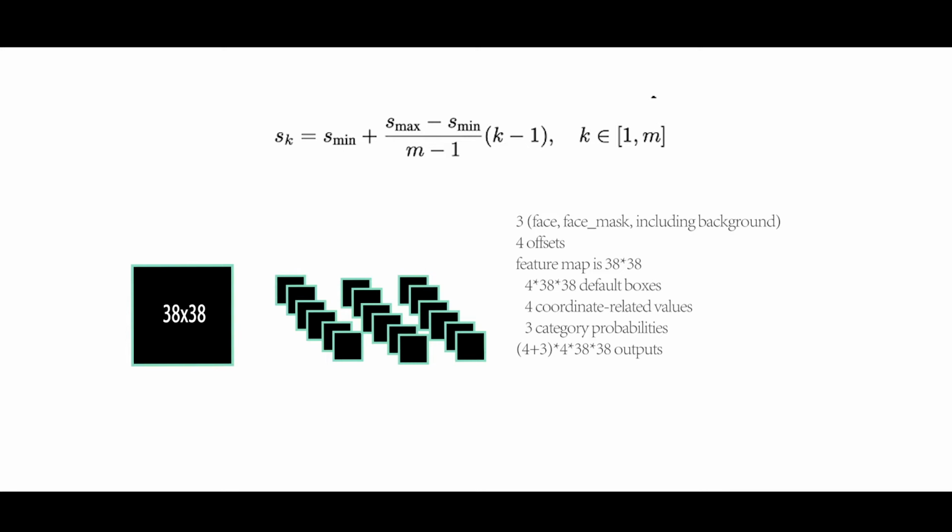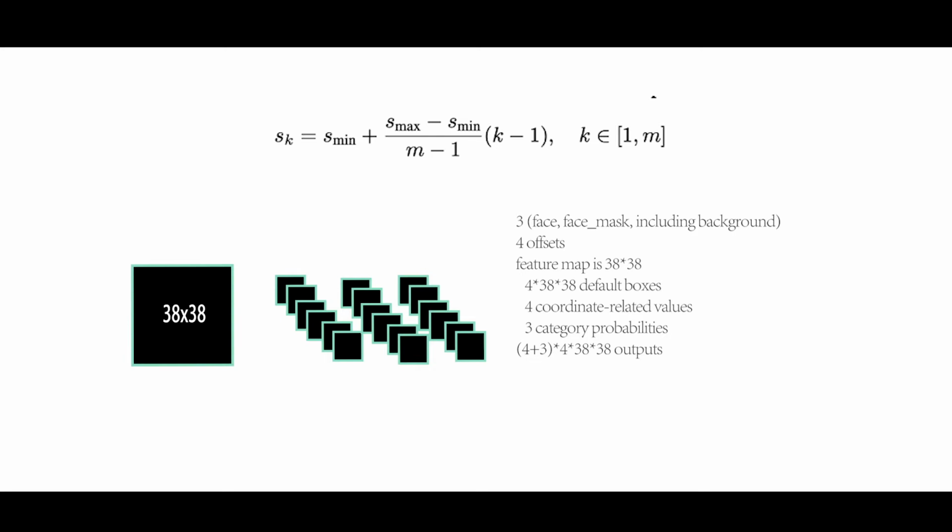Each bounding box needs to predict 4 coordinate-related values and 3 category probabilities. Then 7 by 4 by 38 by 38 outputs will be generated on the 38 by 38 feature map. For other scales of feature map, it's quite similar, but maybe with different numbers of default boxes on each cell.